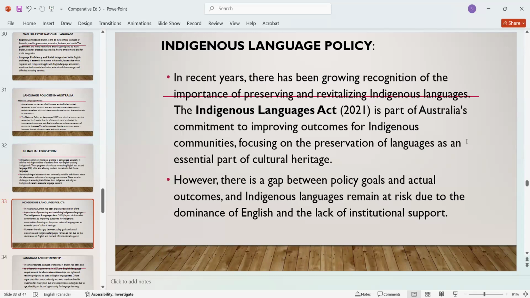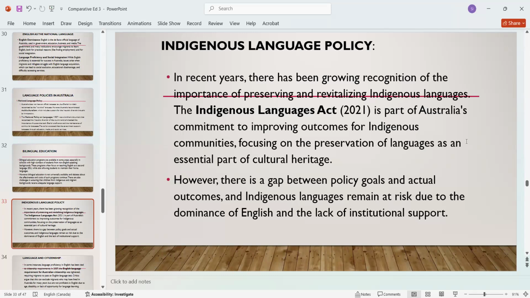The Indigenous Language Act 2021, a very recent one, is part of Australia's commitment to improving outcomes for indigenous communities, focusing on the preservation of languages as an essential part of cultural heritage. So it has already reduced a lot, but recently they realize they have to have those indigenous languages also.